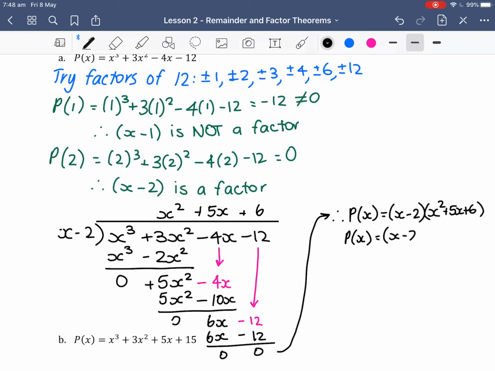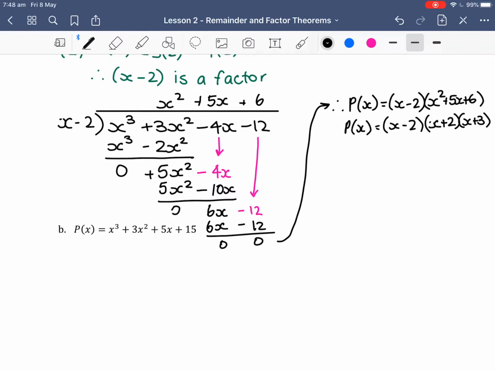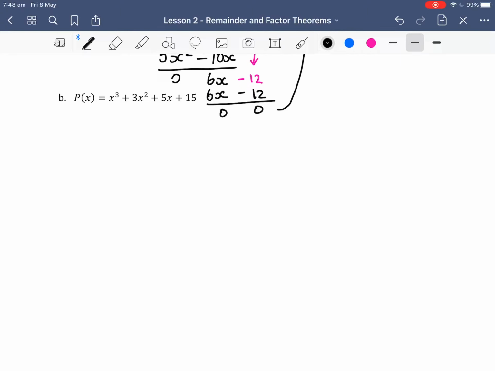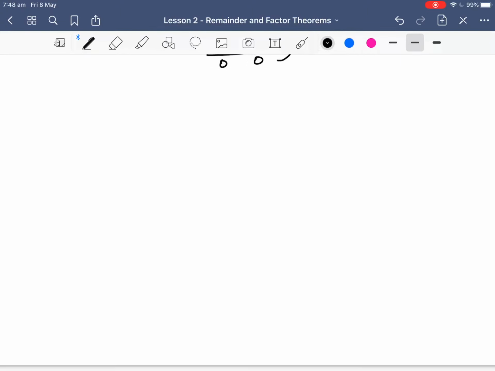So we can then factorize our quadratic. We have our x minus 2, and then our x squared plus 5x plus 6 will be the same as x plus 2, x plus 3. So we have therefore factorized our polynomial.